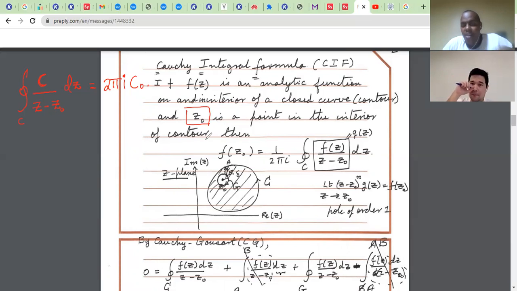Yeah, okay, I see what you're saying. The integral of f of z dz is going to be 0. I agree. But realize this is not the integral of f of z dz. There is something we have introduced down there so that it doesn't become 0. Okay, now I got it. Now it's clear.